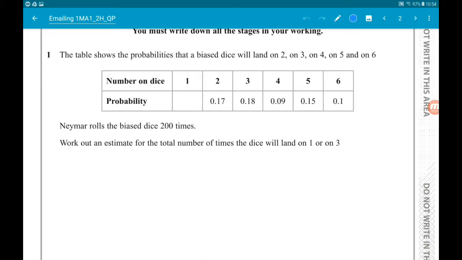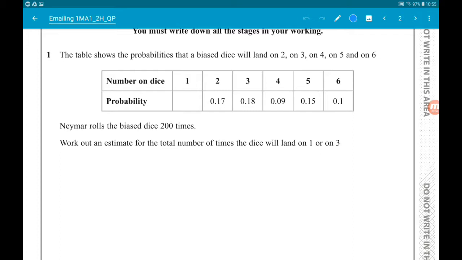We want to work out an estimate for the number of times the dice will land on 1 or 3. So, to do that, we would add the probabilities of 1 and 3 together. That would give us the total probability for getting a 1 or a 3, and then we multiply that by the number of times we roll the dice.